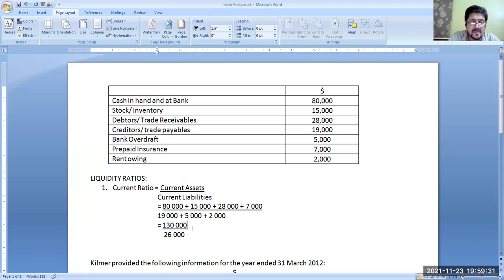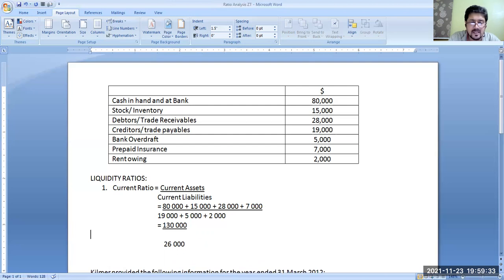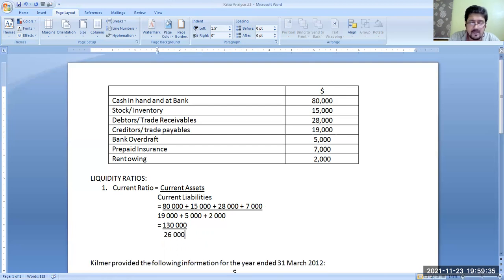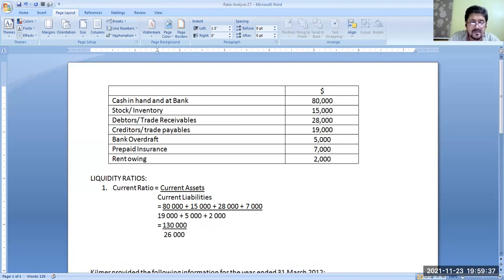Now, what would be the answer? 130,000 divided by 26,000. Answer is 5:1. This is your current ratio.